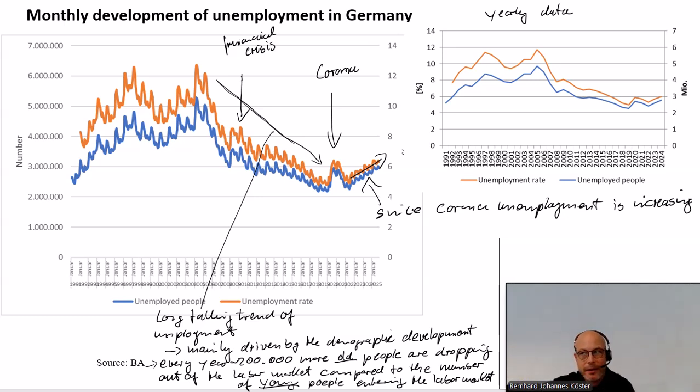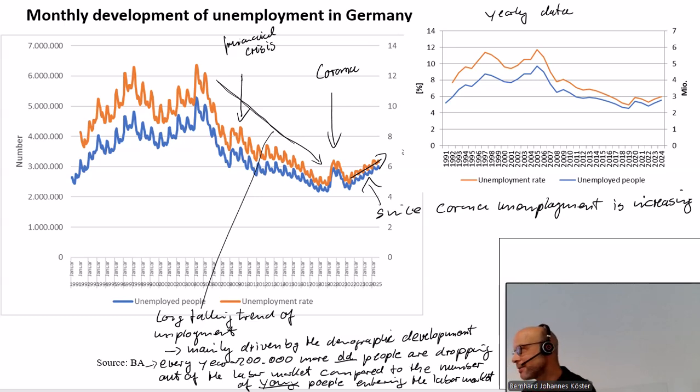And then we have a look at the economic development in general. And there we saw, well, the last 3 years, the economic performance in Germany was quite bad. The last 2 years, we had even a decline of real GDP. And this, of course, then means we have a significant problem in the labor market.